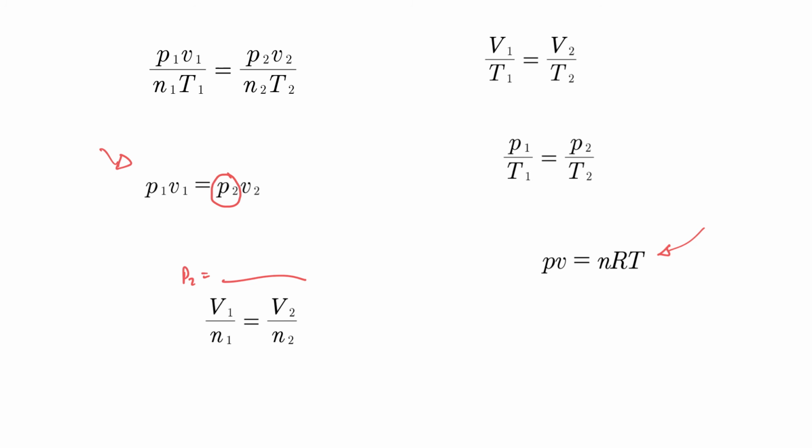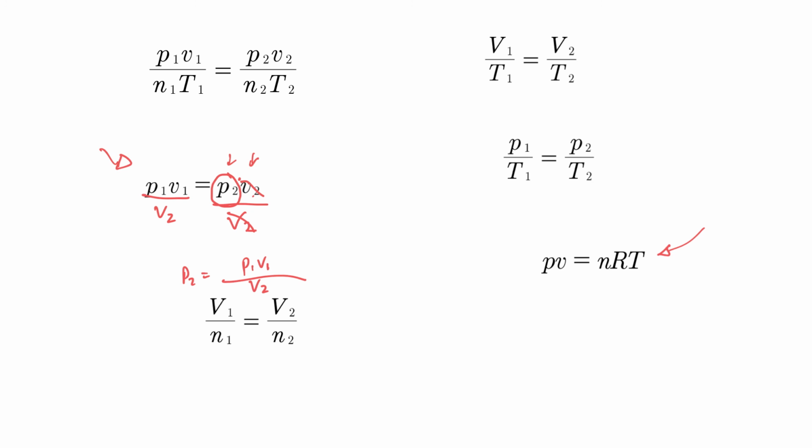Right now, on the right side of the equal sign, I have a P2 and a V2. I want to get rid of the V2. Since it's being multiplied, to get rid of it, I can divide. If I divide by V2, they cancel out, leaving me with P2 by itself. But if I divide by V2 on this side, I have to divide by V2 on that side. So P2 is going to be equal to P1 V1 over V2.